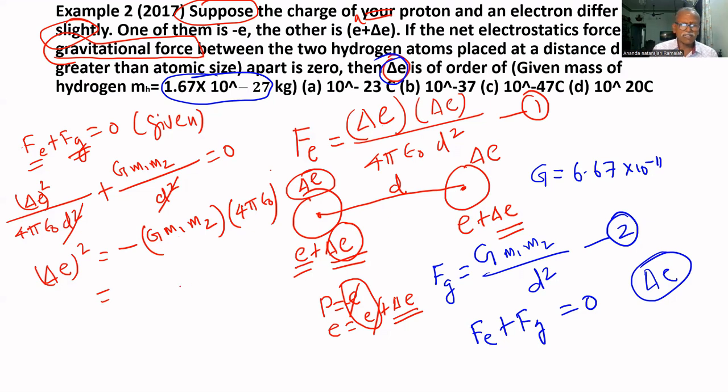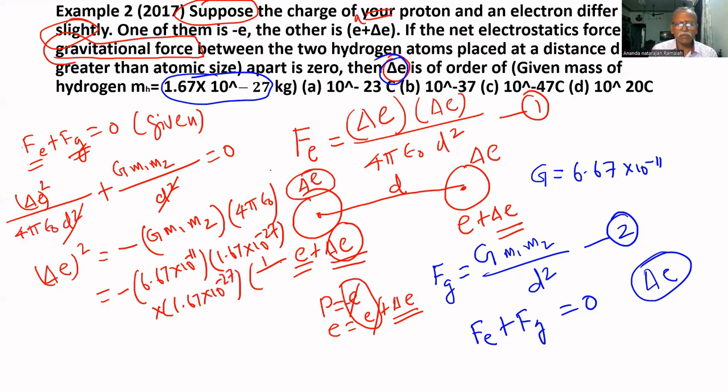That is equal to 1 by 4 pi epsilon naught, we know the value. So we can write minus G equals 6.67 into 10 power minus 11, multiplied by M1 which is 1.67 into 10 power minus 27, multiplied by 1.67 into 10 power minus 27, multiplied by 1 by 4 pi epsilon naught, which is 9 into 10 power 9.